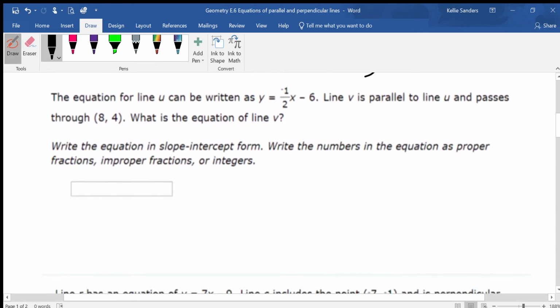The equation for line U can be written as y equals -1/2x minus 6. So U is this equation.